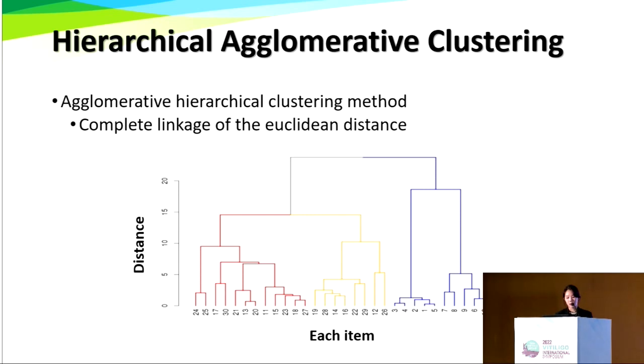We start by measuring the distance between each item and continue to compare with other pairs and find the closest pair in order to merge into the same group. We continue this until we end up finding the appropriate number of clusters. And this entire sequence is shown in a structure called a dendrogram. In most cases, the scientist or researcher will determine the number of clusters at a scientifically most meaningful level.